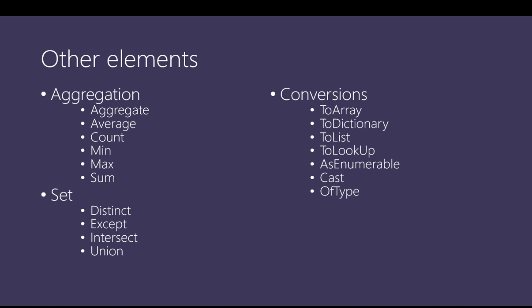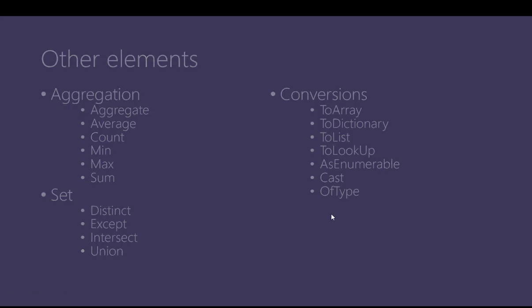There is also to dictionary. You wanted to convert it into a dictionary, or you have an array you wanted to convert to a list, or you want to make it an enumerable, or you wanted to cast it to a type. So you can do something like these. So basically guys, all these are the operations that you can perform with the help of lambda expressions.